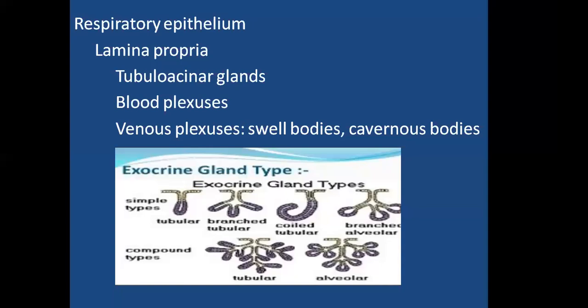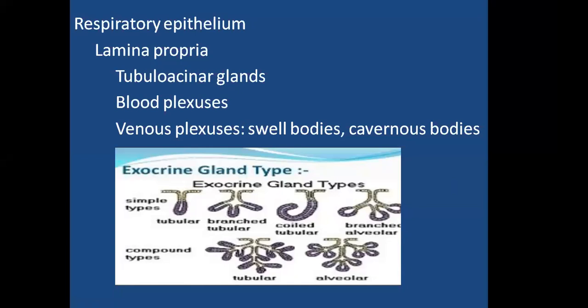If you want to see, this is the simple tubuloacinar gland. Simple, because there is only one excretory duct, and then the parenchymal part, both the tubulo and acinar part. That is why the glands in the nasal cavity are simple tubuloacinar glands, which are seromucous in nature.